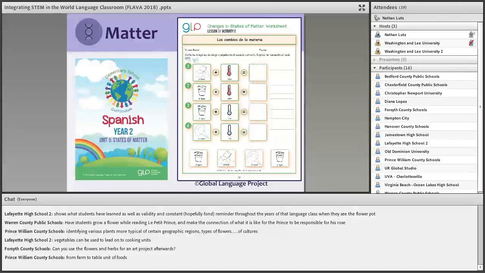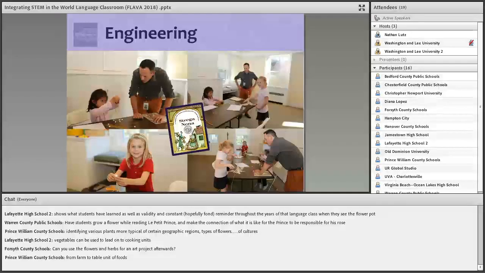This is a matter one, where, oh, that mistake that I was telling you about, we talk about what happens when we apply something like heat to ice, and the changes of the states of matter.